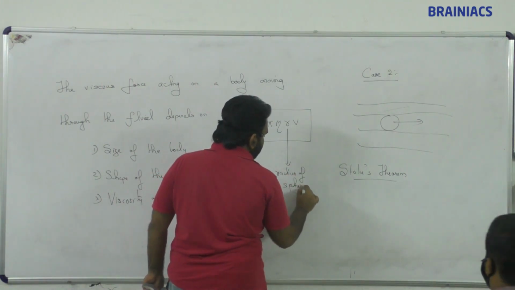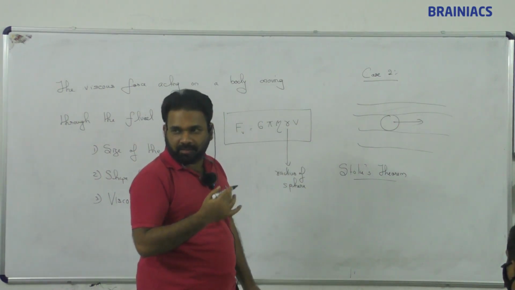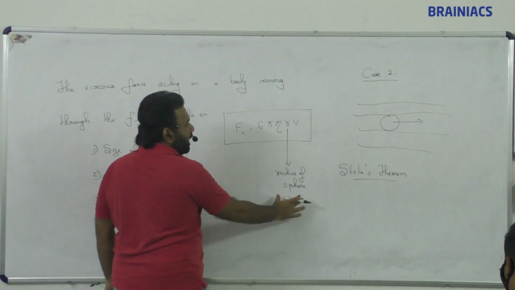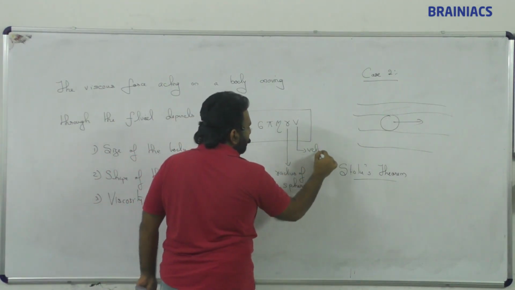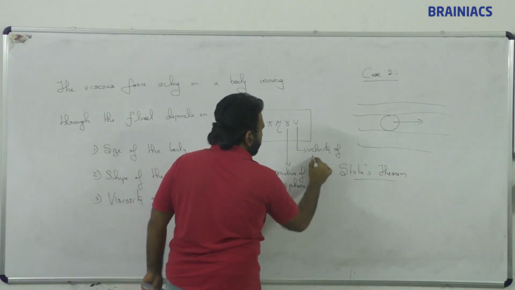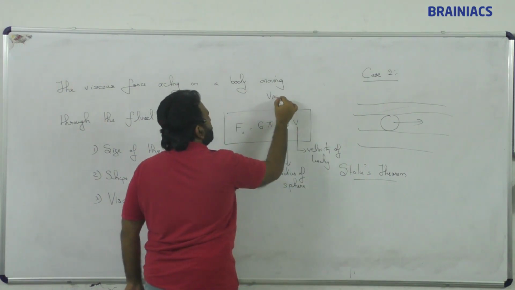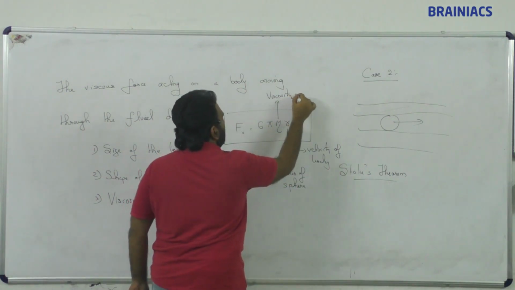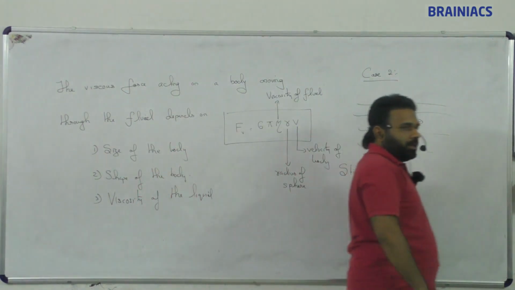This formula we derive using dimensional analysis. Using dimensional analysis only we will be deriving. So R is the radius of the sphere, V is the velocity of its movement, velocity of the body, and eta is the viscosity of the fluid.